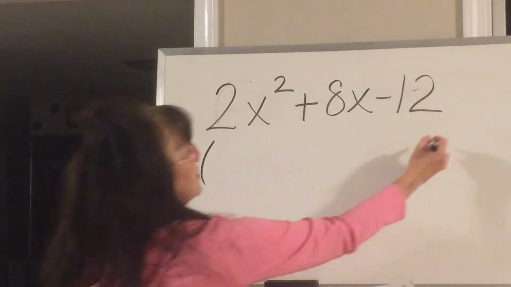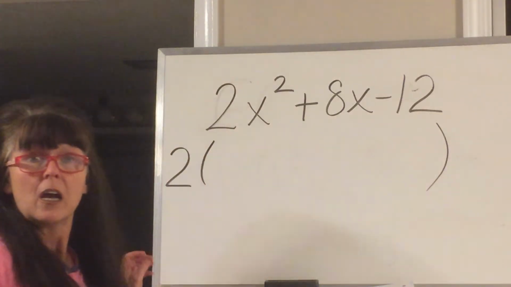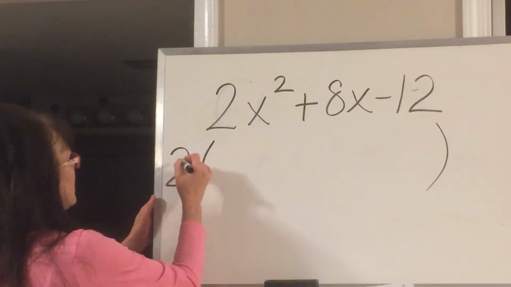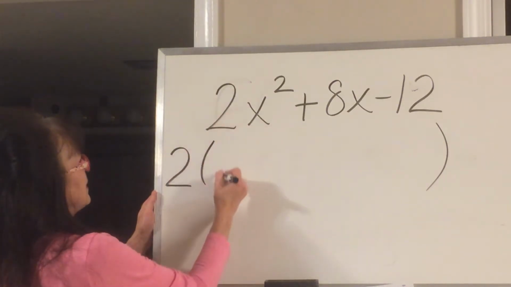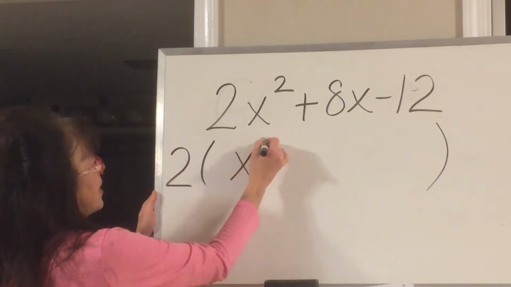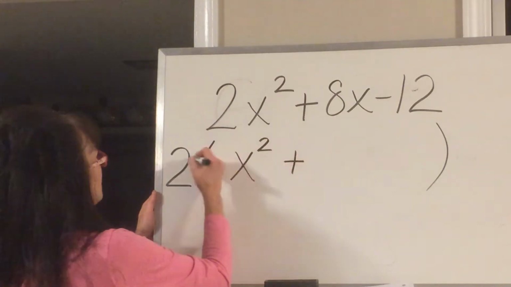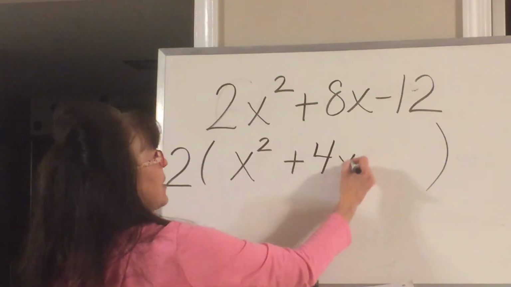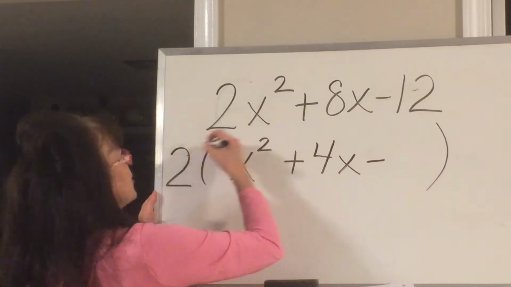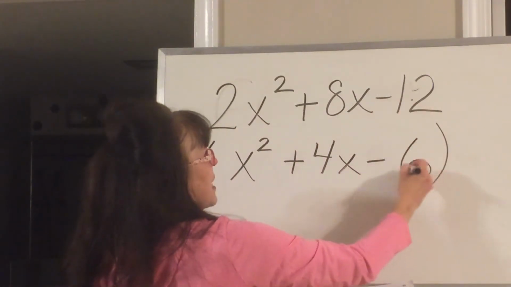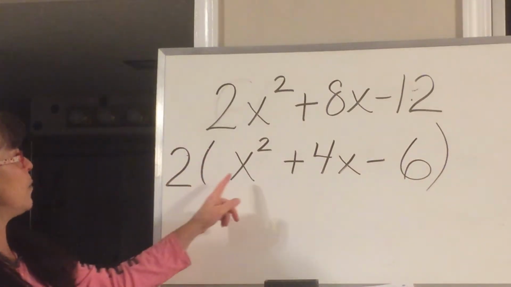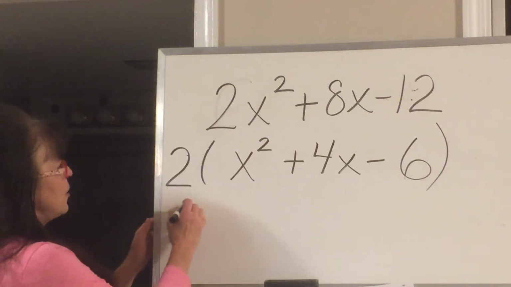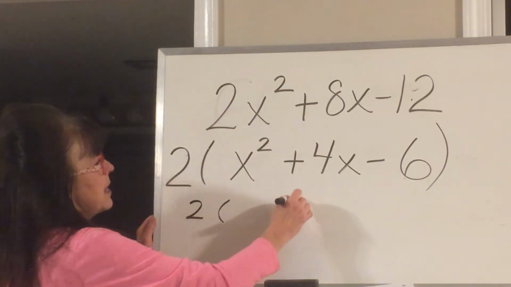So you're just dividing by 2. When you do a GCF, there's only 1 parenthesis. So 2 going into 2 one time. Bring down your x squared, plus 2 going into 8, 4 times, bring down your x, minus 2 going into 12, 6 times. Now you would try to factor, skip, factor, but I'm telling you, it doesn't work.